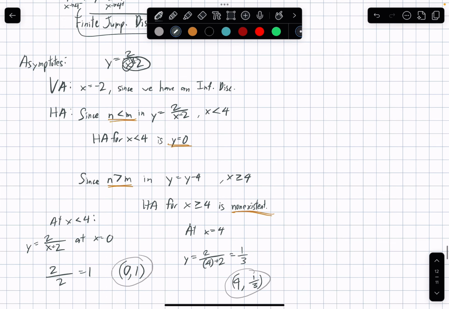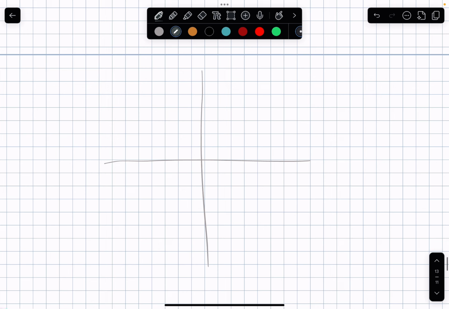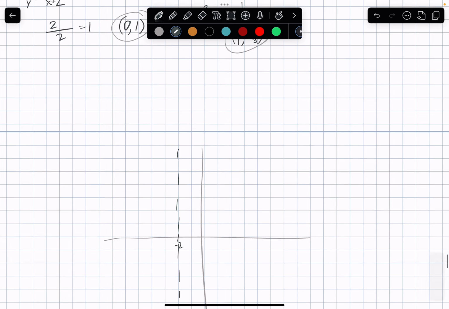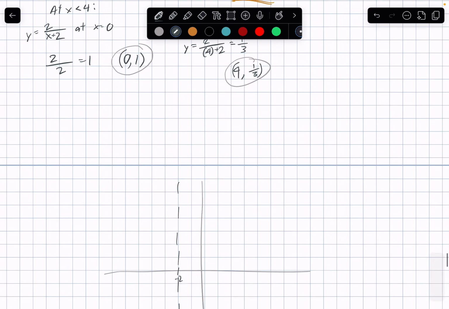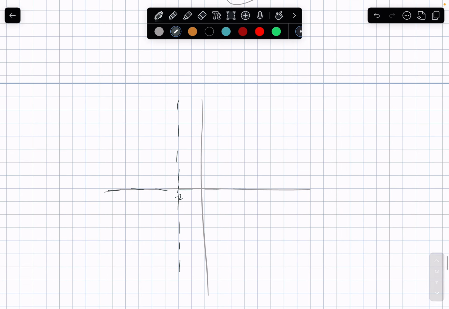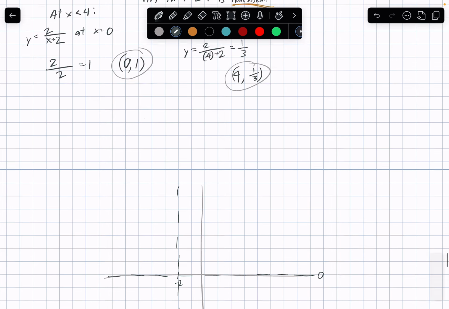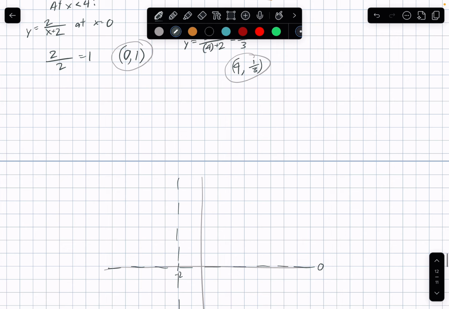Where are our vertical asymptotes? So let's say negative 2 is over here. Draw the vertical asymptote there. Horizontal asymptote, so we have y is equal to 0. And then what else? 4 and 1/3.